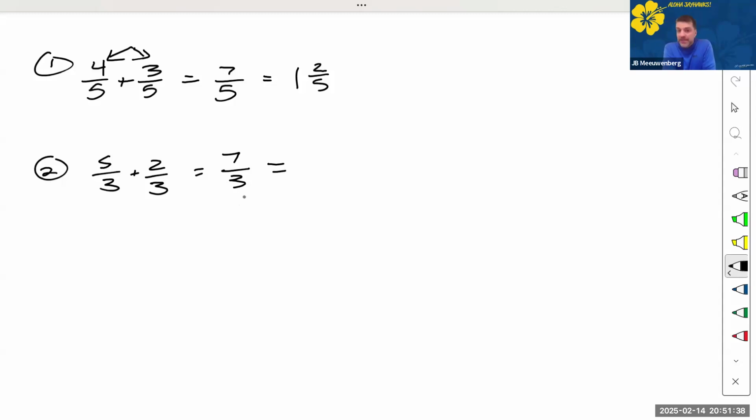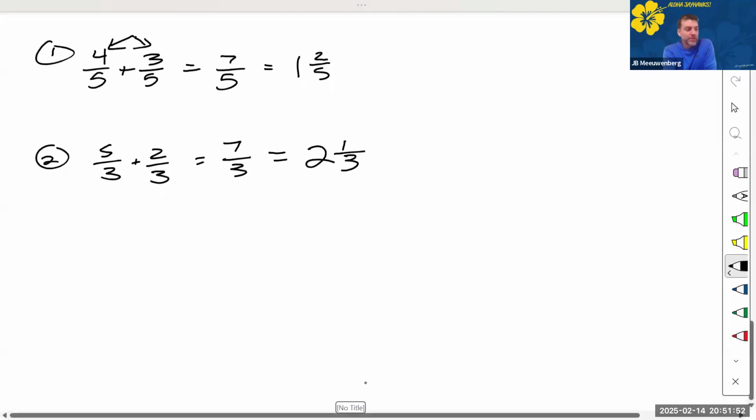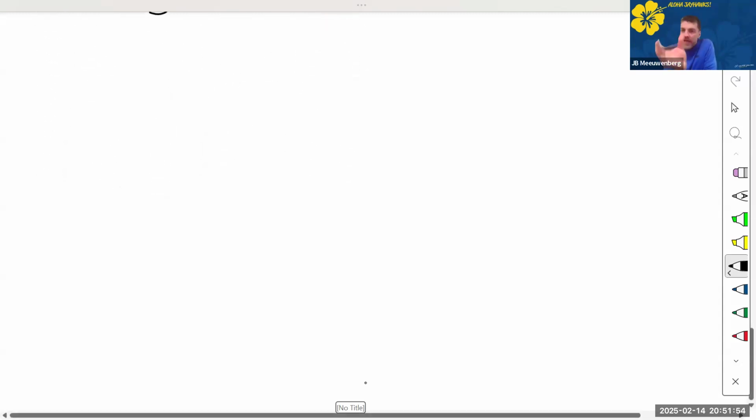Now this one, as a mixed number, would be 2, because 3 times 2 is 6, leaving us with one more to get up to 7. 2 and 1/3. So what if the denominators are different, though? Because when they're the same, it's pretty straightforward, just adding those numerators across. So let's take a look at 2/5 plus 1/3.